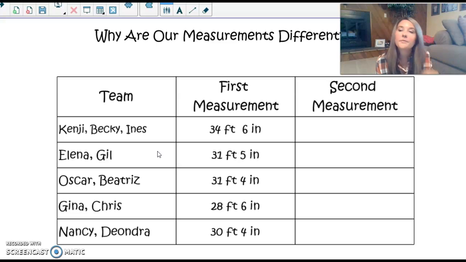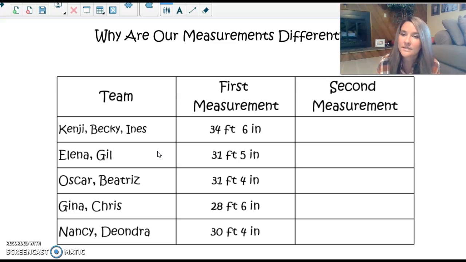Okay, so just a couple of questions to think about too. Do you think there is one answer to how long that distance is? I know we got different measurements, but then we've got to think about why we have different measurements.